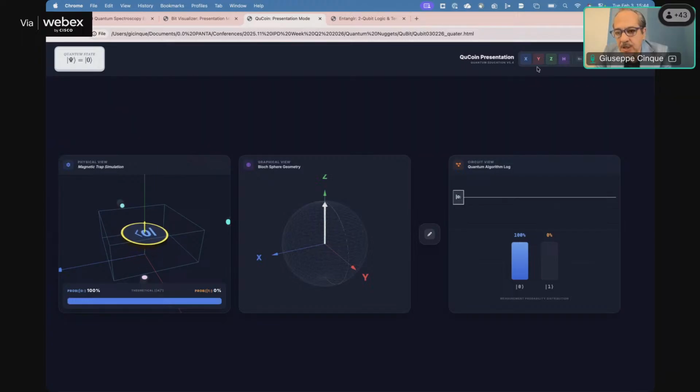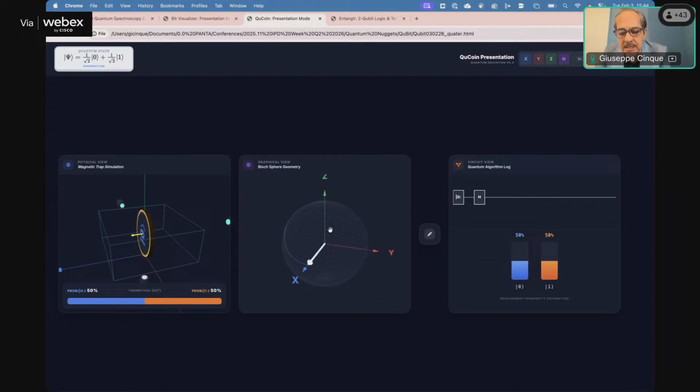And there is one special operator that is called the Hadamard gate. This H operator, you can think of as half and half, puts the qubit in a perfect superposition of being half 0 and half 1. And it's not correct to say half 0 and half 1.